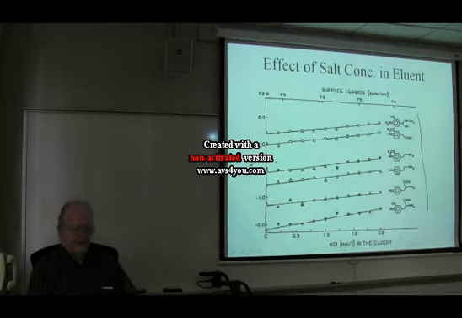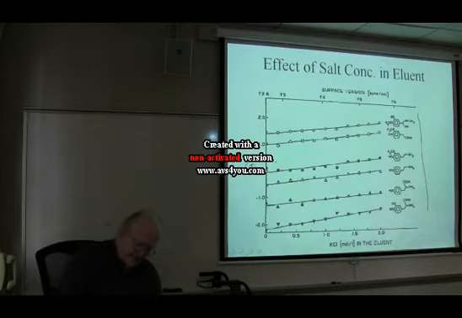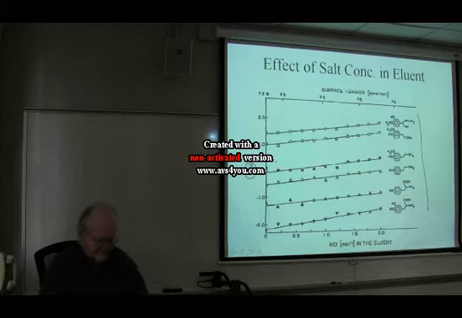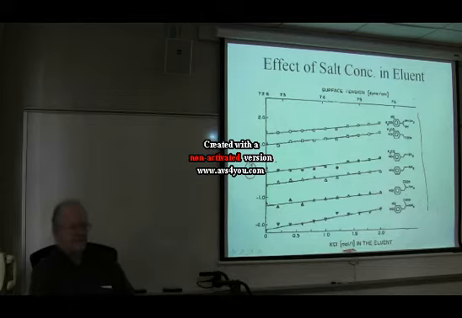You see that for all of these compounds, as you add potassium chloride, there is a gradual increase in retention. This is a plot of the natural logarithm of retention versus the moles per liter concentration of potassium chloride. A mole per liter is a lot of salt.